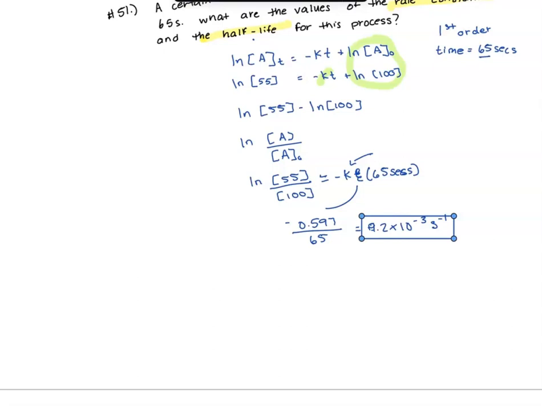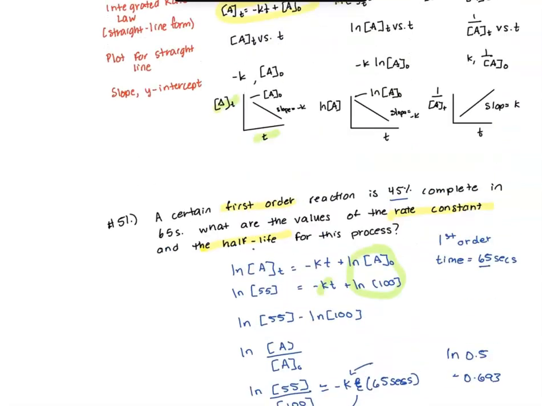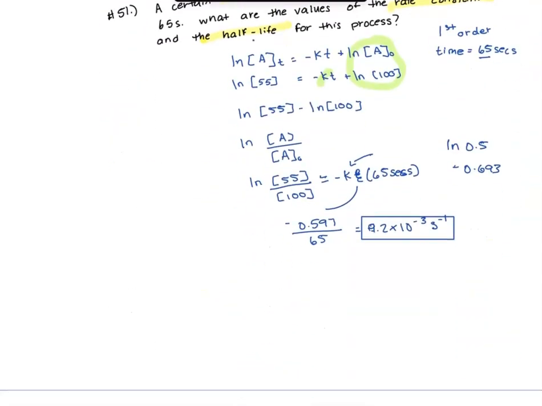So quickly here, if you take the natural log of 0.5, we essentially get 0.693, which is typically what we have for a first order reaction.